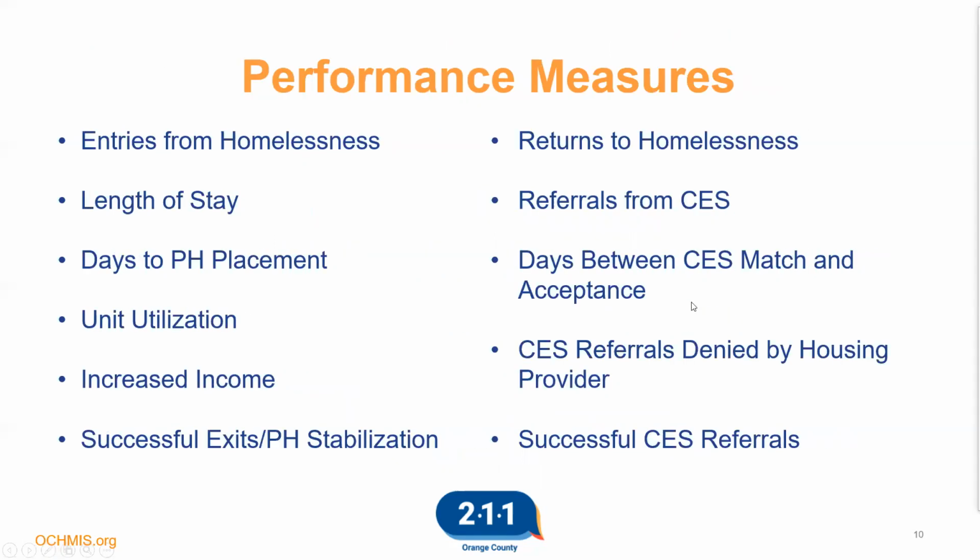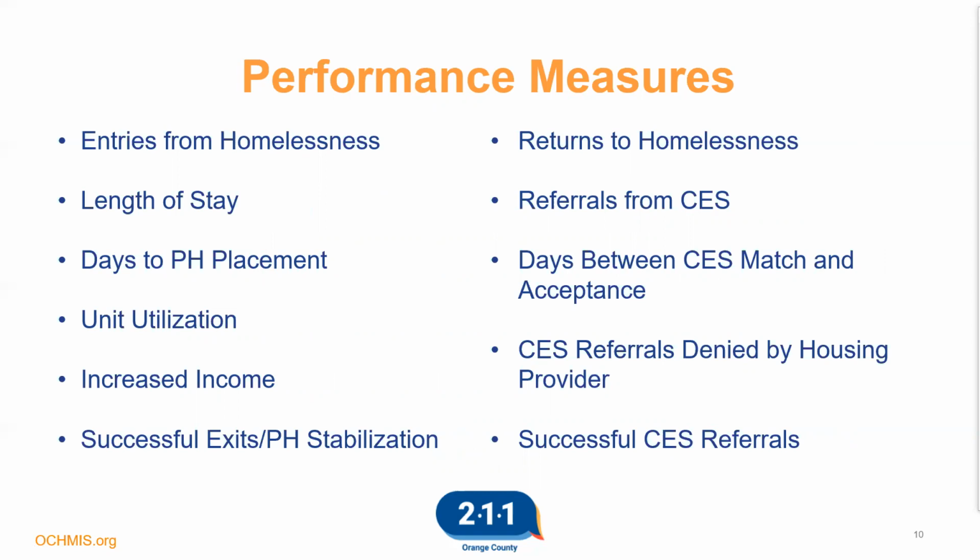Okay. So what I was going to say about this slide is that the two that stand out to me the most are referrals from CES and successful CES referrals, because I'm probably jumping to a huge conclusion here, but I think that data would be very representative of the rest of the information.